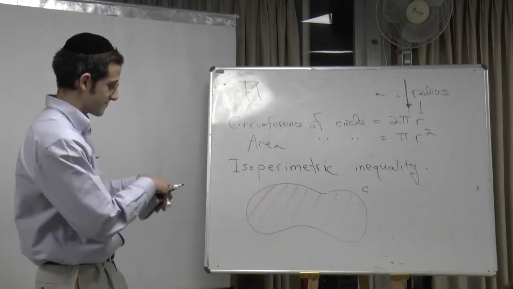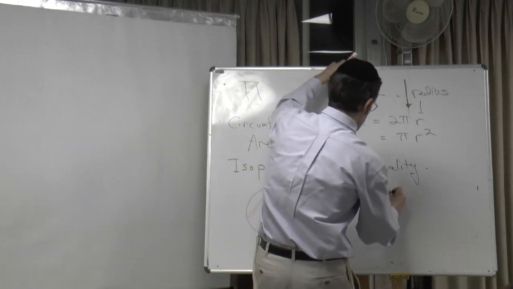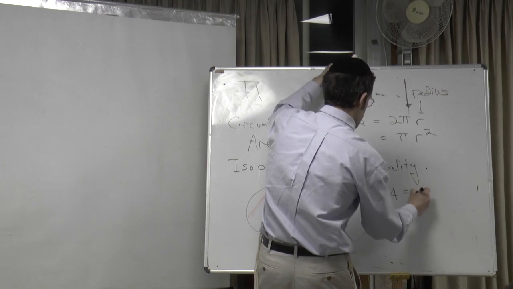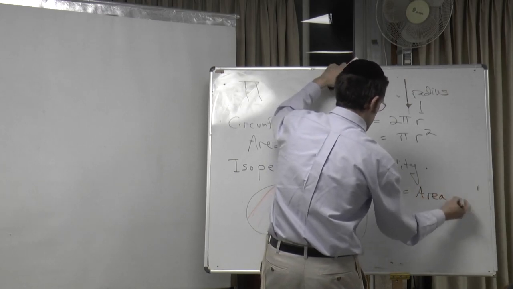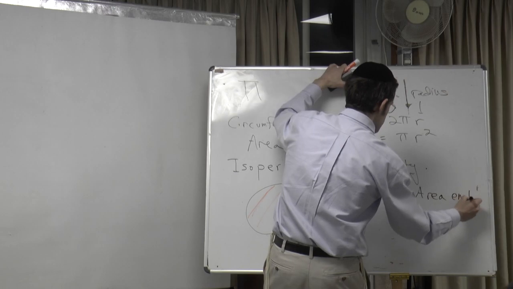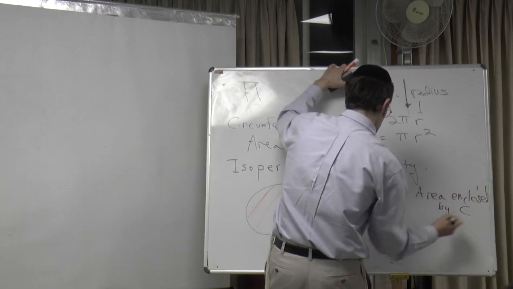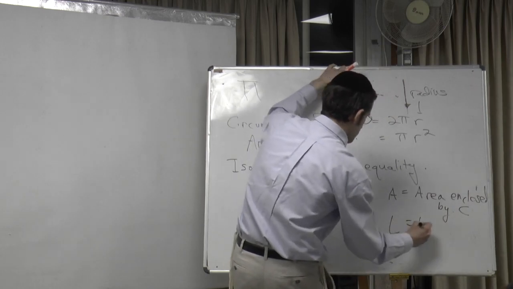We'll call it A. So A is going to be the area enclosed by C, and L is going to be the length of C.